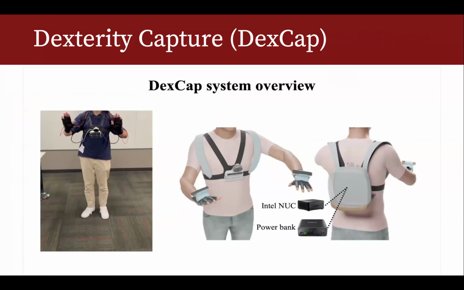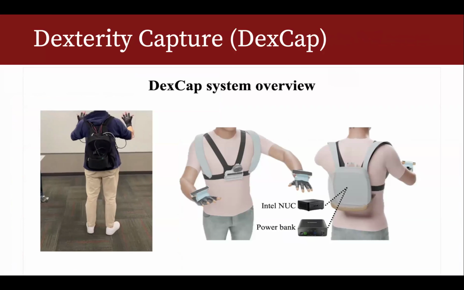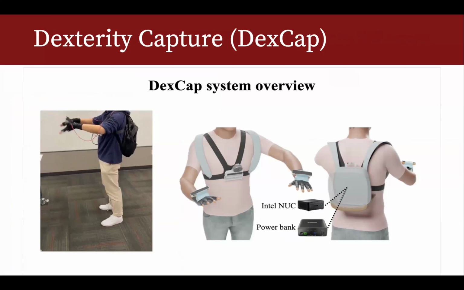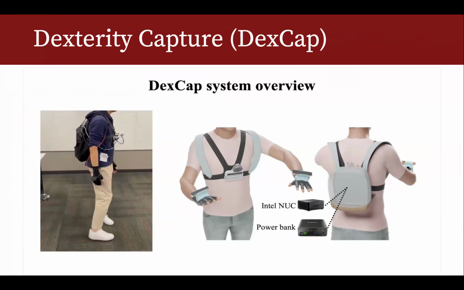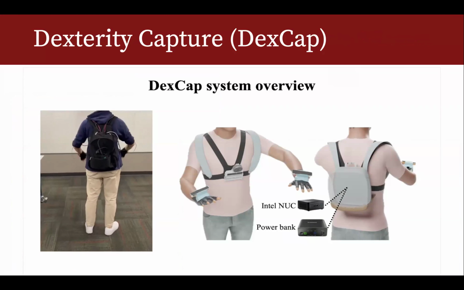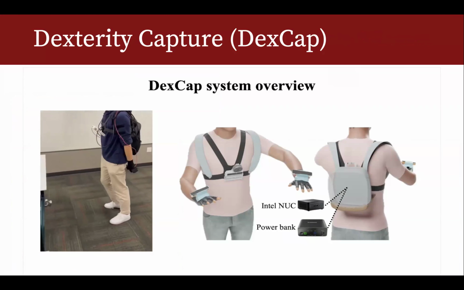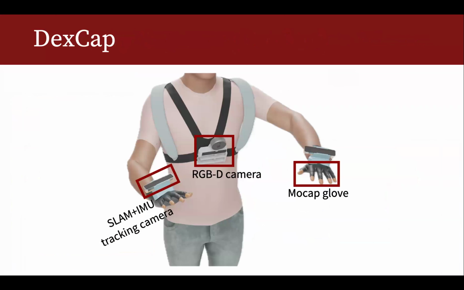So we took a different approach and built a completely new motion capture system. We call it dexterity capture, DexCap. DexCap is something that you can just carry with you and go out. It contains gloves, which are IMU based, so you can get really good detailed finger motion, but those finger motions are not grounded in a particular coordinate frame.